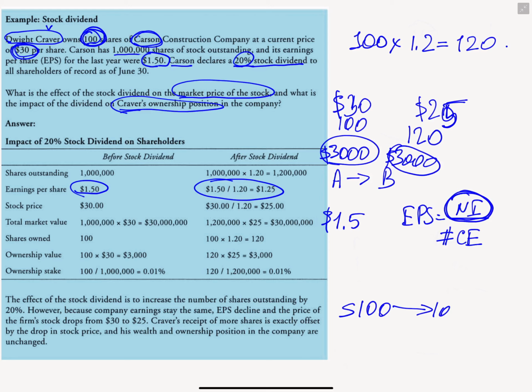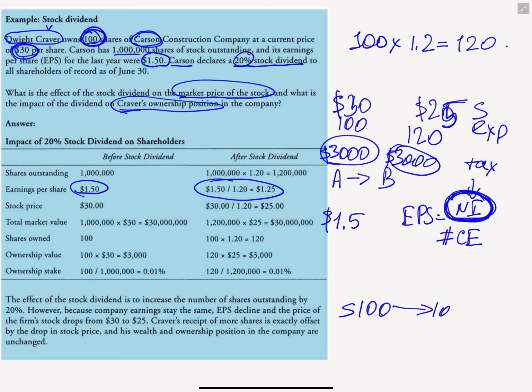Net income is affected only by sales, expenses, and taxes. Doing a stock dividend or stock split doesn't affect net income, the earnings of the firm.